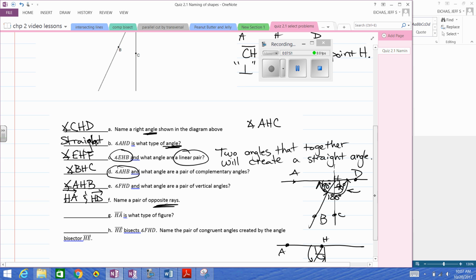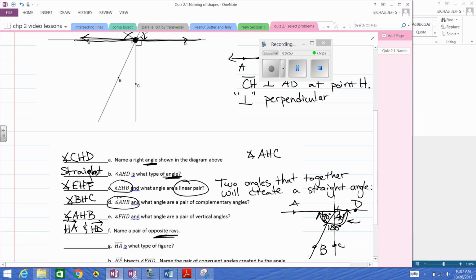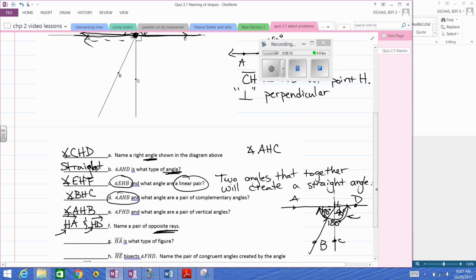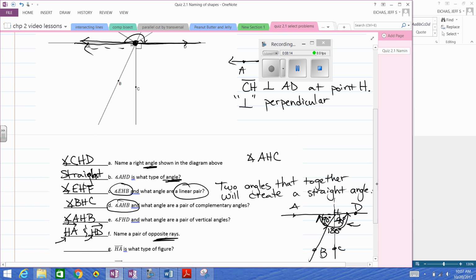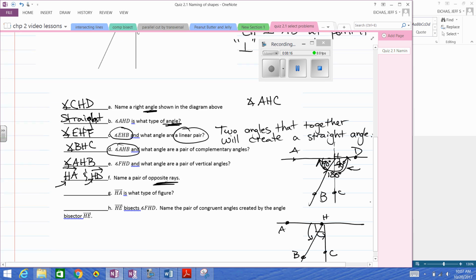Now I know HA is going left, but we still have to write the symbol from left to right. It's just got to happen. What you should notice with opposite rays is their endpoint. Believe it or not, that's actually an endpoint, even though it seems like we start there. You have to have the same endpoint, and they have to make a 180-degree angle together, or a straight angle.